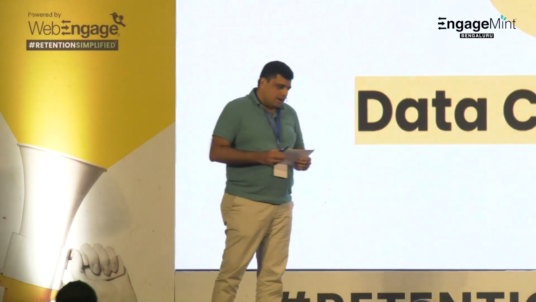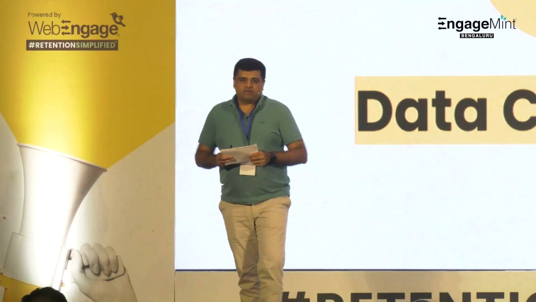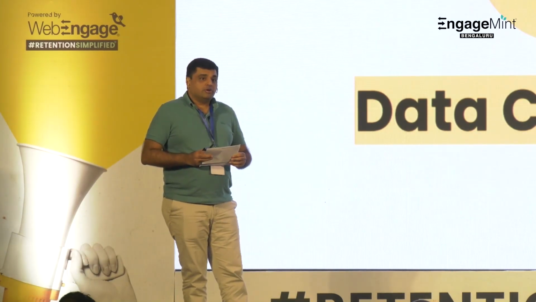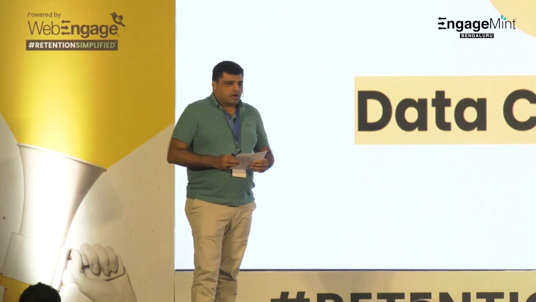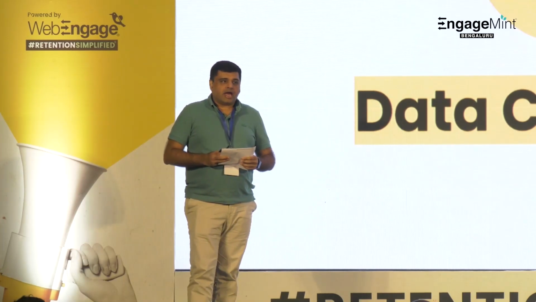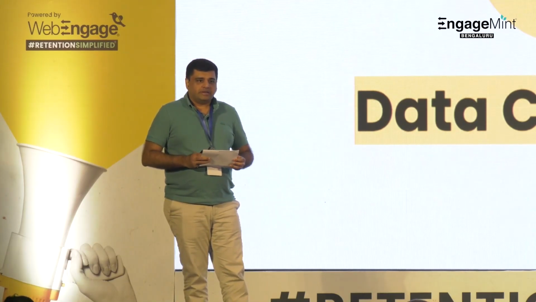The same rule applies when we integrate any marketing tech platform: if we don't pass this data correctly, it's going to get messed up. I'll give you an example. Let's say you are an e-commerce company and you don't even pass the user ID as an identifier for every event.